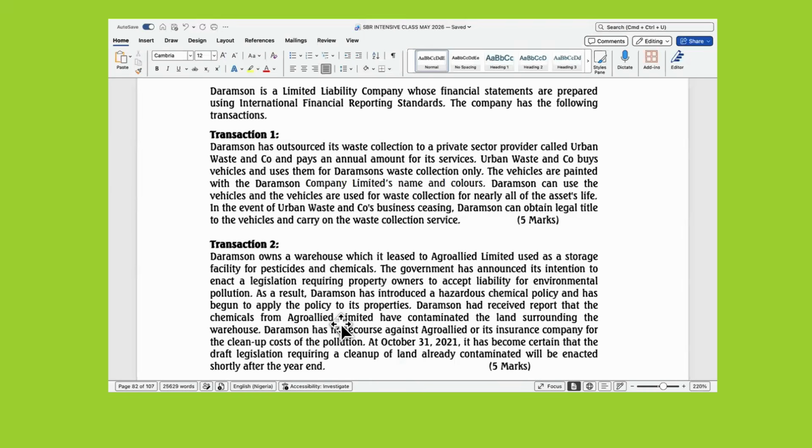And the third one is that you can actually measure that obligation, that money that you will pay, reliably. So from all indications, those three exist. And for that reason, Daramsin needs to recognize a provision for this cleanup cost.